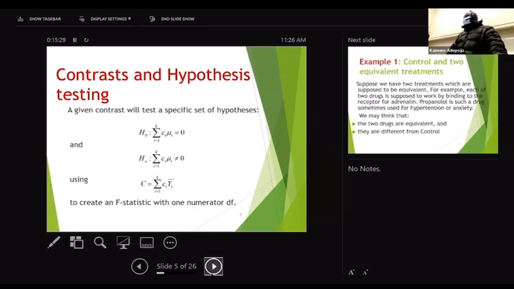But let me tell you this. What if I'm interested, maybe I've conducted the analysis of variance test and I've rejected the null hypothesis, maybe because the p-value of the test is less than a given level of significance, and I'm not interested in conducting a pairwise comparison test like we did before using Tukey HSD.